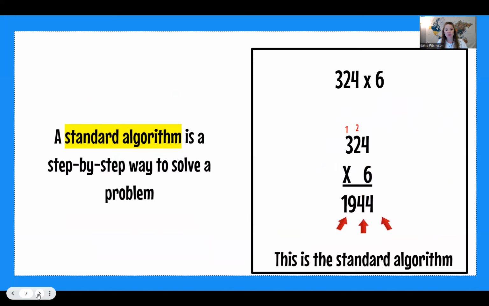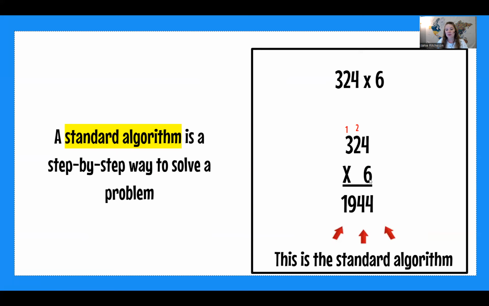What standard algorithm? All right, a standard algorithm is a step-by-step way to solve a problem. So for example, over here, we have 324 times 6. The very first step here is to multiply 6 times 4, which is 24. So we wrote down the 4, carried the 2.